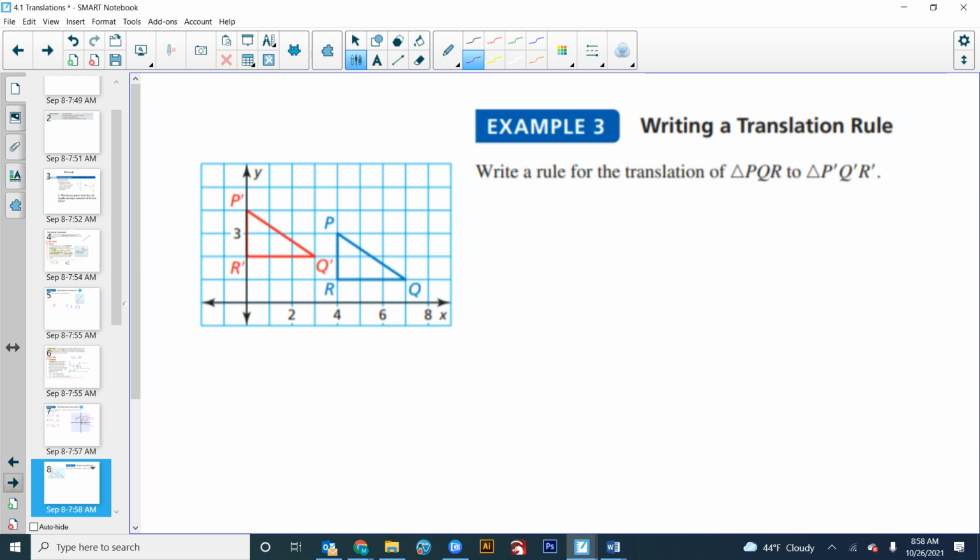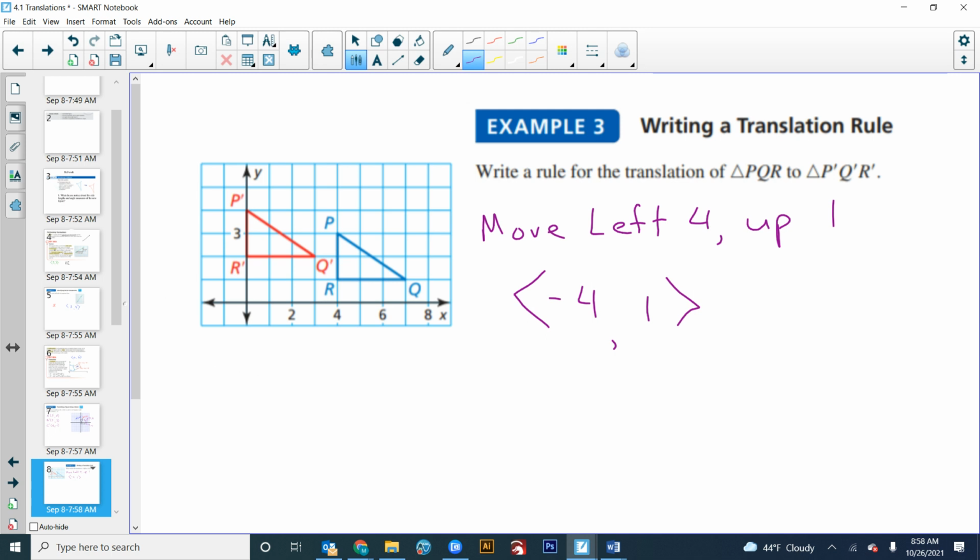Josh, what's your rule in words? Move left 4, up 1. Good. And in component form? -4 for that one, and then 1. -4, 1.